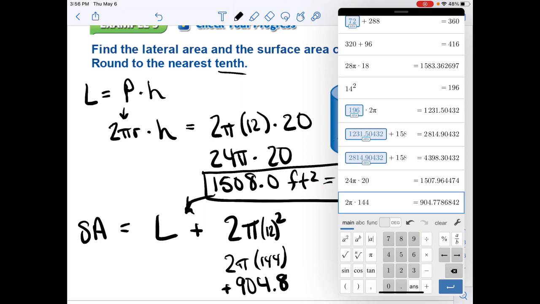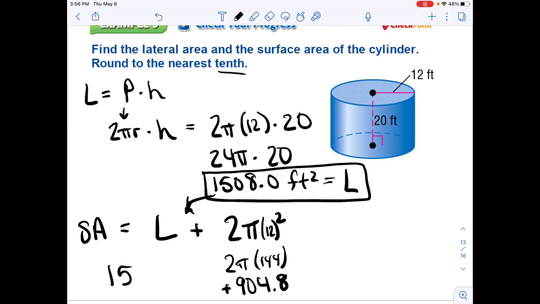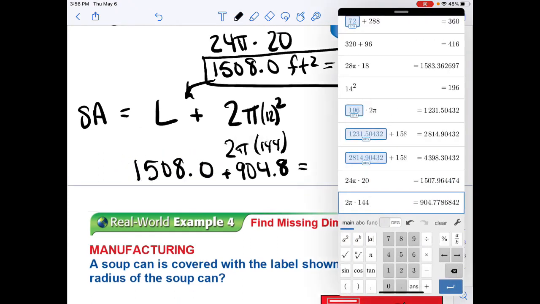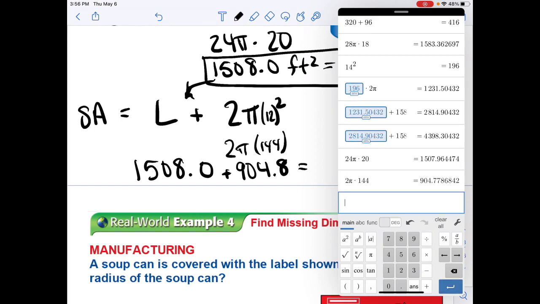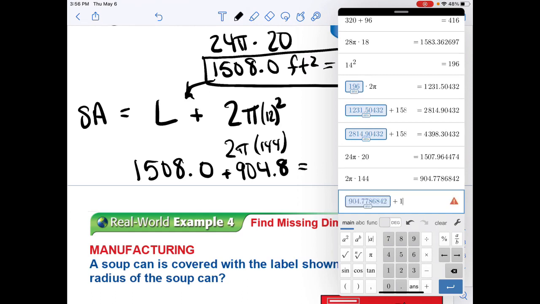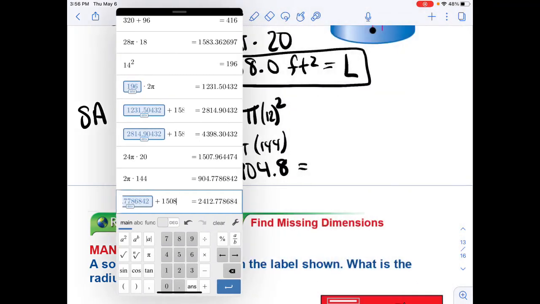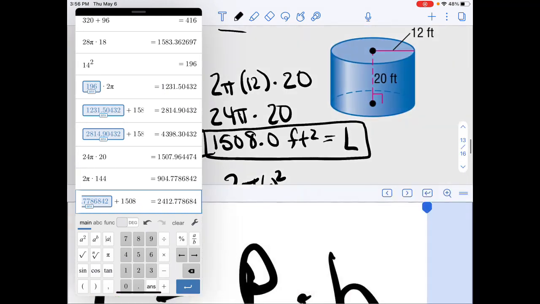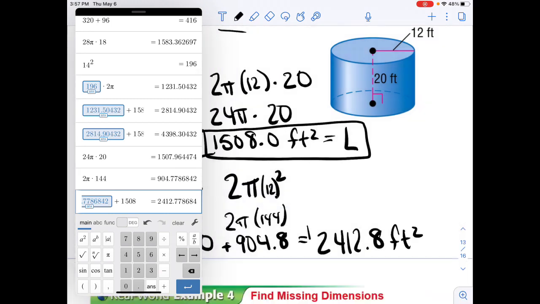Go ahead and bring the lateral area down, and we will add these together to get our solution, which is 2,412.8 square feet for our surface area.